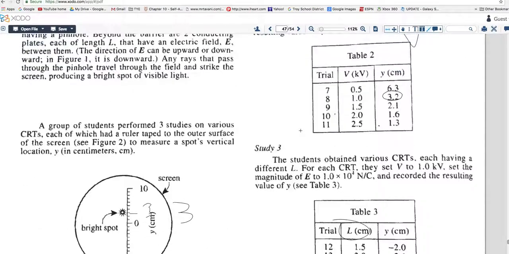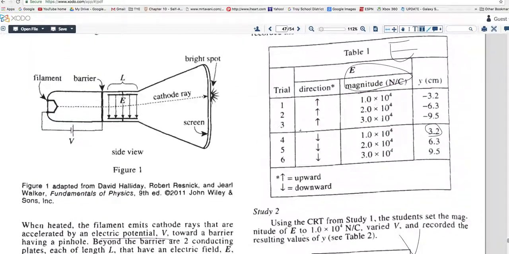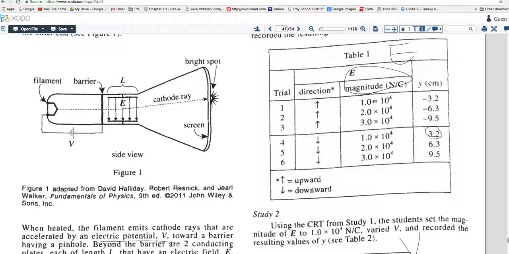All right, so based on V and E, how do I get y equals 0? Well, right here, look. Magnitude of 1 times 10 to the 4th gives me negative 3.2 versus 1 times 10 to the 4th gives me positive 3.2. So I want my magnitude to be 0 because notice how all of these are the exact opposites of each other.